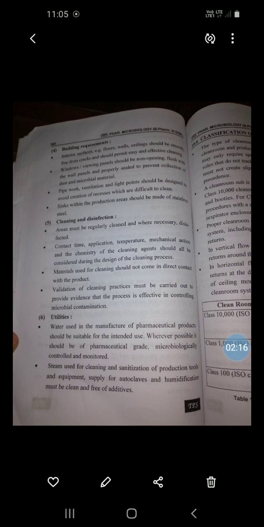The windows and viewing panels should be non-opening, flush with the wall panels, and properly sealed to prevent the collection of dust and microbial materials.